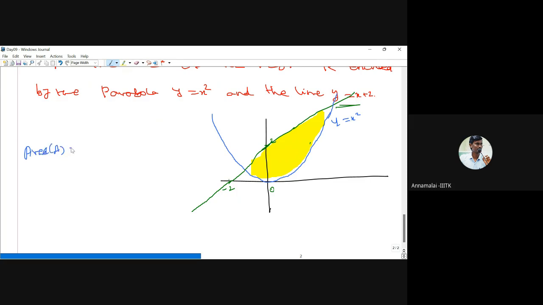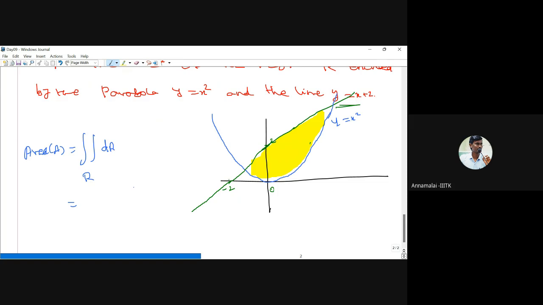Area A equal to double integral over the region R dA. Maybe you can split this integration into two integrations, and then you can easily solve it. Otherwise you can directly write.